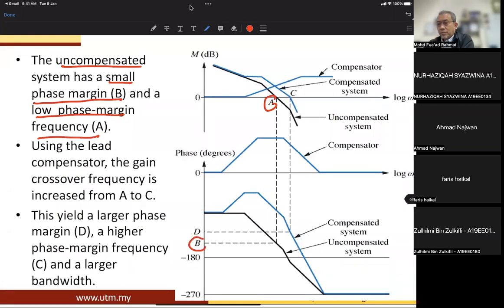So using the lead compensator, the gain crossover frequency is increased from A to C. Okay, so this yields a larger phase margin, D, at a higher gain crossover frequency, C, and a larger bandwidth, okay, at minus 3 decibels in the closed loop.